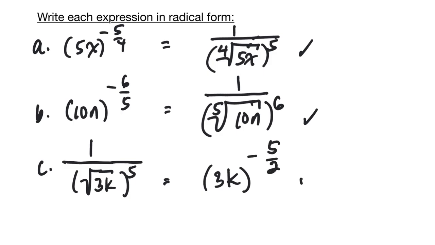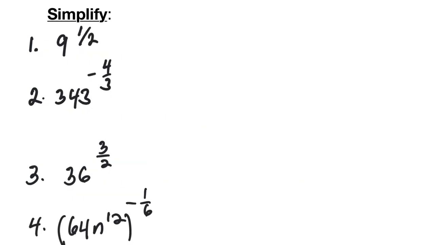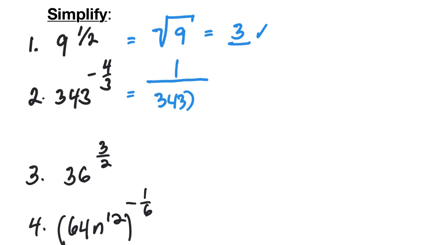Okay, so let's simplify the following. So 9 raised to 1/2 is going to be the same as the square root of 9. The square root of 9 is 3. Next, 343 raised to -4/3. That's going to be 1 all over 343 raised to 4/3.